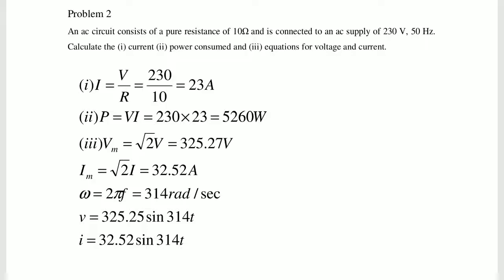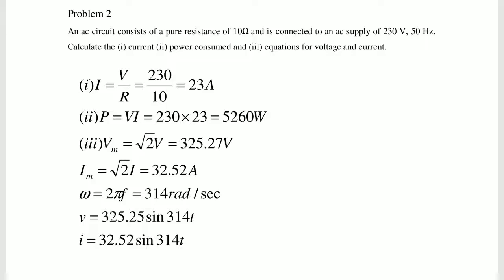The RMS current value is I equal to V by R. So voltage is 230, resistance is 10, so we get 230 by 10. Here the RMS current in the pure resistance circuit is 23 amps.